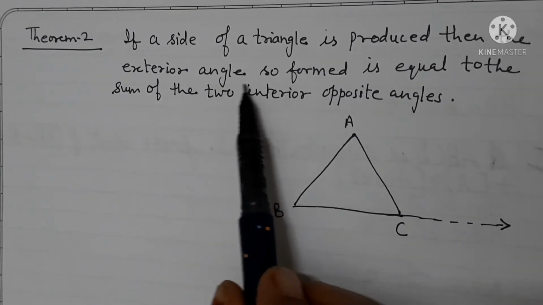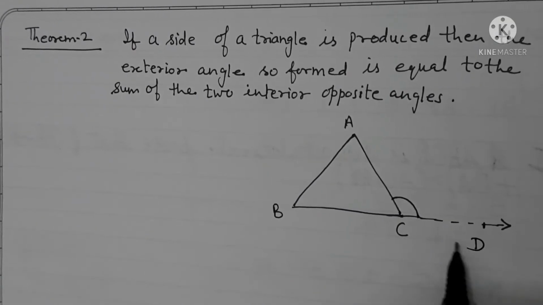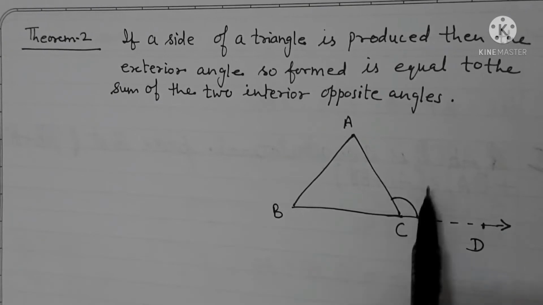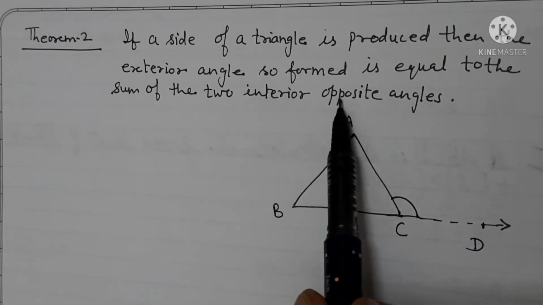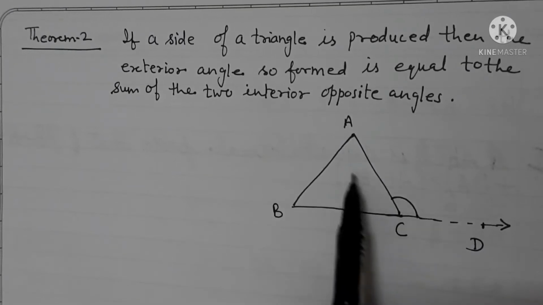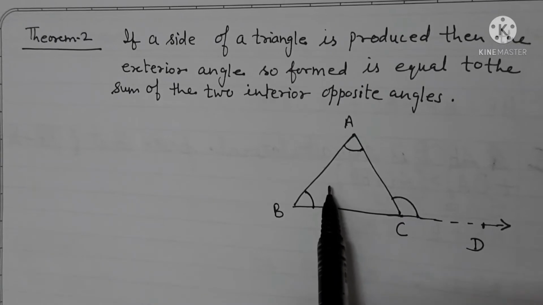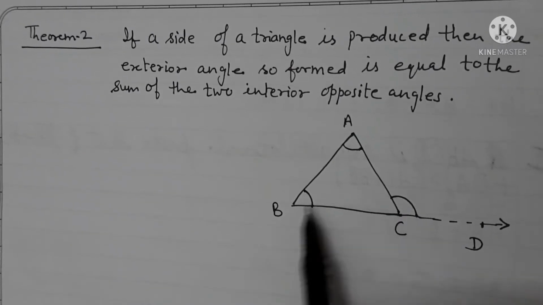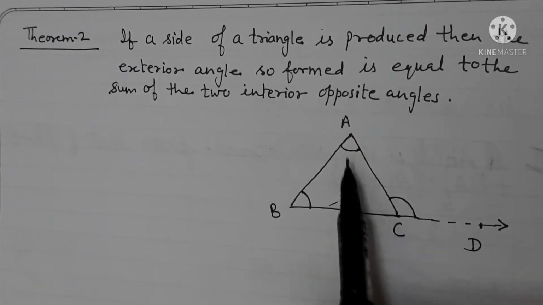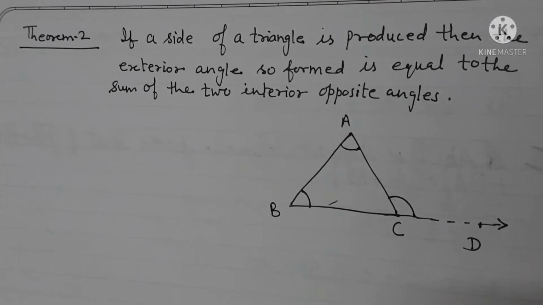Then the exterior angle, this is the exterior angle. Here give the name D. ACD is the exterior angle, equal to the sum of the two interior opposite angles. For this exterior angle, these two are opposite interior angles. So what you have to prove: angle ACD is equal to angle A plus angle B.